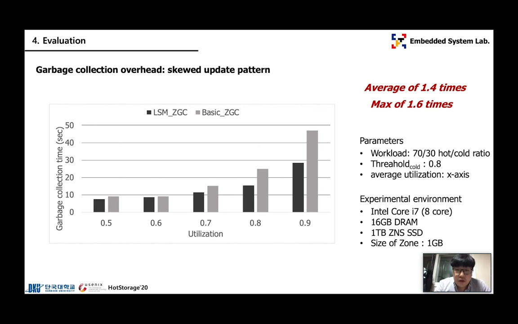From this figure, we can observe that our proposal can enhance performance by up to 1.6 times with an average of 1.4 times. In the skewed pattern, updates occur in a small range, hence the valid data can be located consecutively, which allows the basic scheme to read data in a larger I/O size. It means that the performance improvement in this figure is mainly obtained from the hot-cold separation.